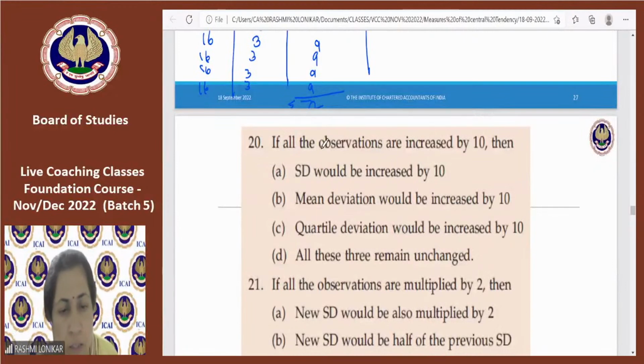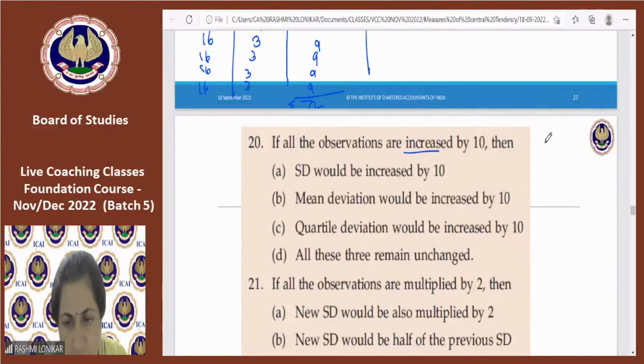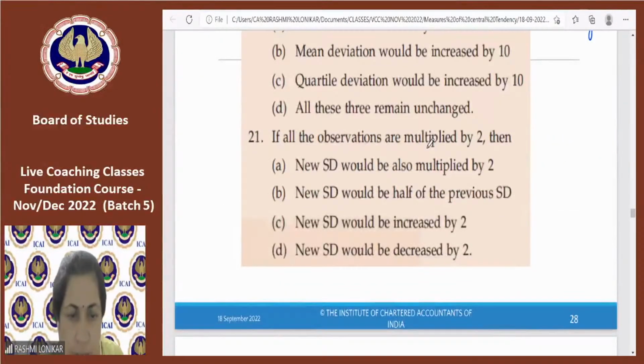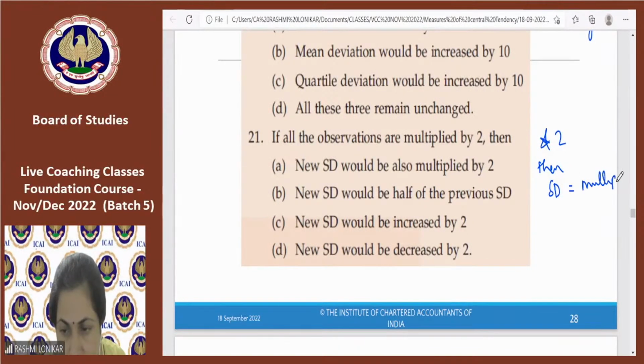Okay. See, this is the property: if all the observations are increased, that is addition by 10, what will happen? No change. Now here, if all the observations are multiplied by 2, then the standard deviation will also be multiplied by 2.